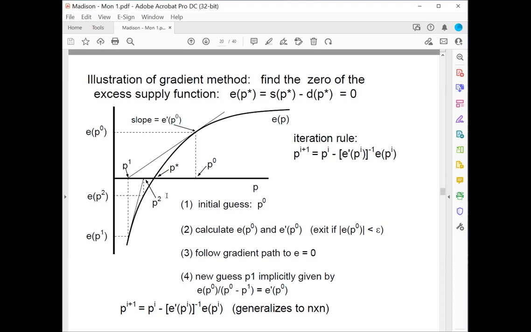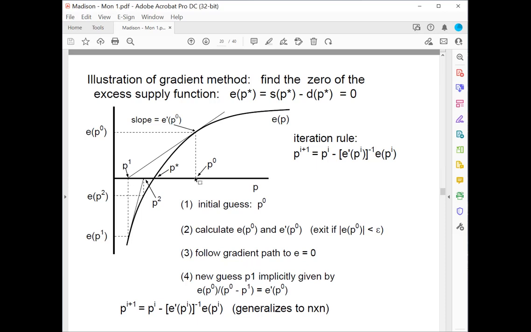Well, basically what a Newton method is, you make an initial guess. You say P0 equals this. Okay, you just make a guess. And then what the algorithm does is calculate the excess supply at that price, and calculate the slope, E prime of P at that price.